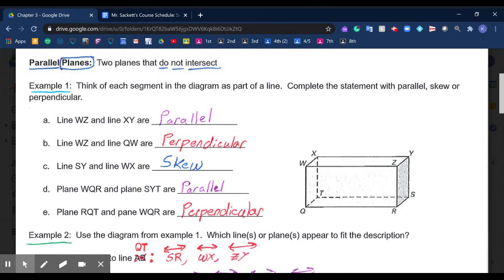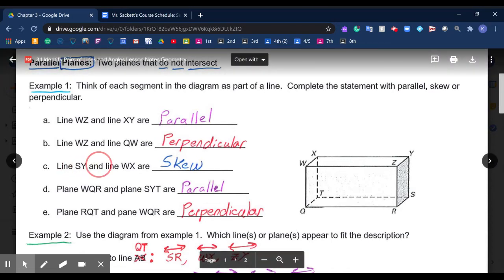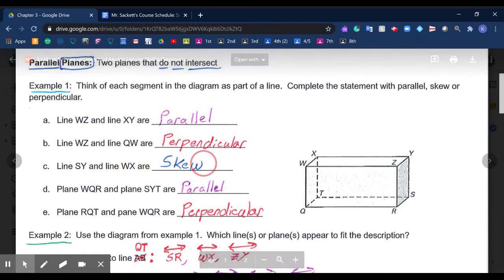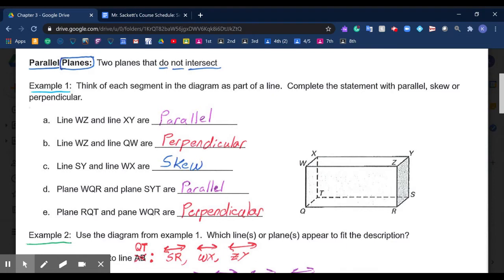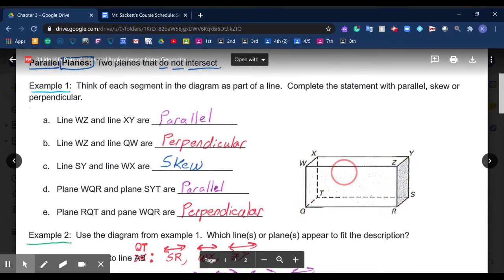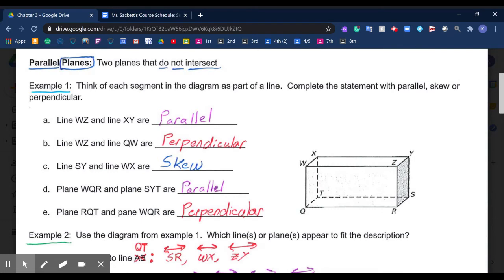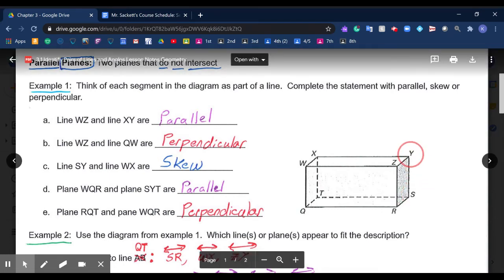So then we have part C. Line SY and line WX are skew. So SY over here and WX over here are on different planes and they do not intersect, so they are skew. Part D: plane WQR, which would be WQRZ, this whole front, and plane SYTX is the plane on the back.